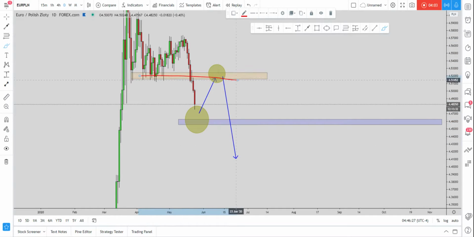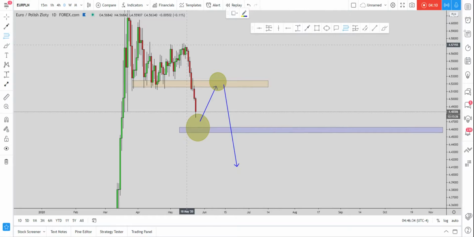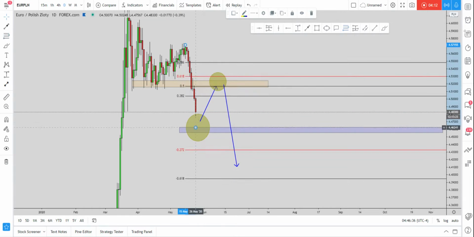We will have, as we said, the confluence of the previous support turned resistance, and the confluence of the weekly neckline, and we will also be taking our Fibonacci from the high to the low of the impulse with a nice confluence of a 50% or even better 0.618 exactly inside of this area.